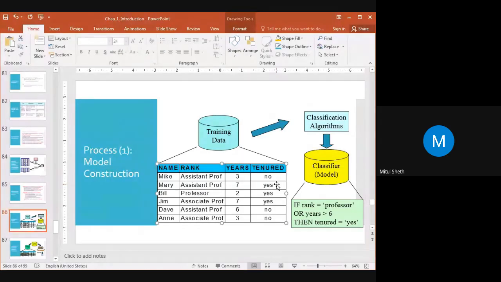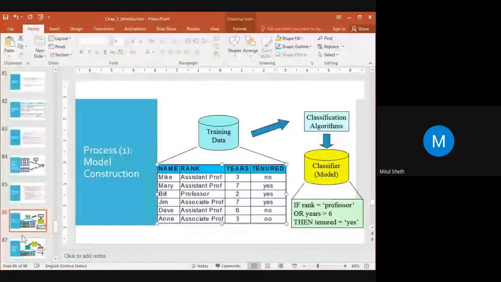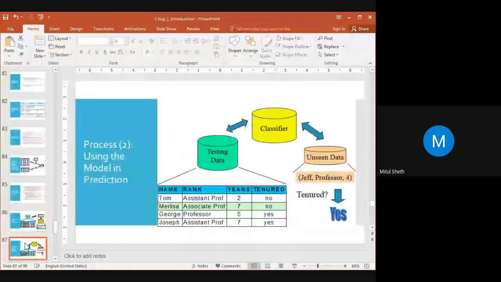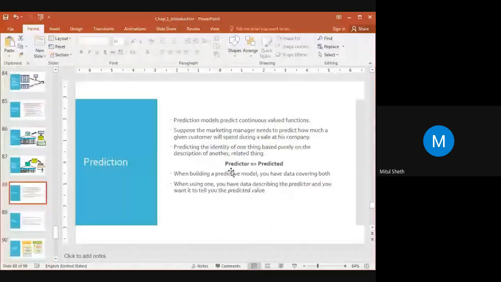So for that this data must be different from your training data. Okay, next one is the prediction. You can say we are using classification for our nominal data, or you can say for our categorical data.